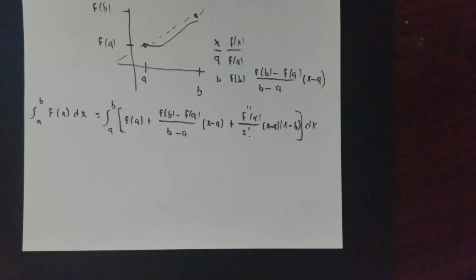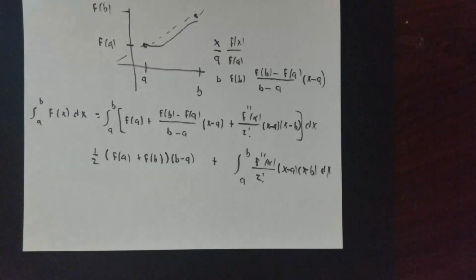Doing this part is perfectly straightforward. I'm just going to write the answer down. As far as the error term goes, I'll just talk my way through this. I'll assume that the second derivative is continuous.